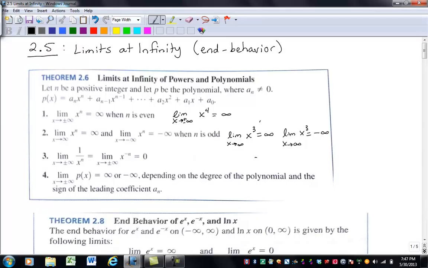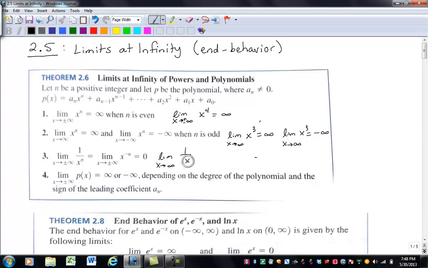The third property here says that if x goes to plus or minus infinity, 1 over x to any power goes to 0. And that makes sense because if you think about an example, the limit as x goes to infinity of 1 over x, that's n equals 1 because it's the first power. Think about what happens when I plug in numbers for x. Remember, x is getting bigger because it's going to infinity.